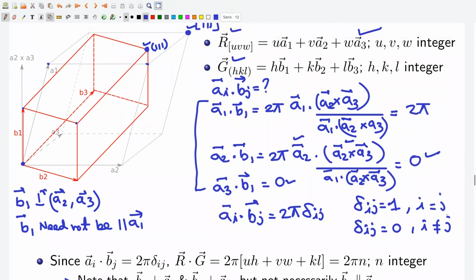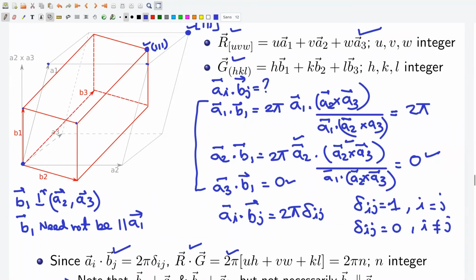Now we can use this fact and take a dot product between R and G. So R dot G will now look like A1 dot B1, correct? And A1 dot B1 is equal to 2 pi. Now you have all these other terms: A1 dot B2 will be equal to 0, A1 dot B3 will be equal to 0, and so on.